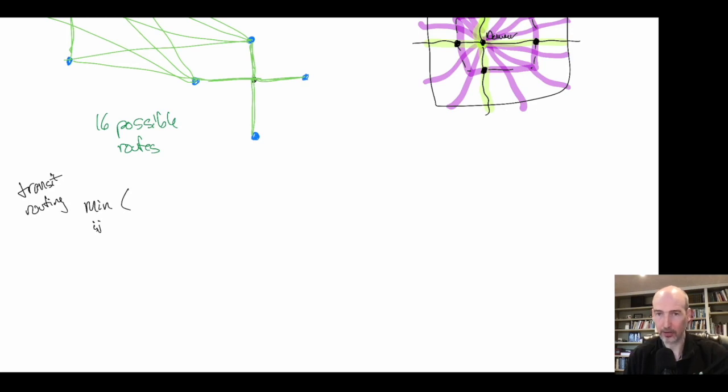So I and j are transit points, and I want the min of the distance from S to the ith transit point of S, plus the distance from the ith transit point of S to the jth transit point of T. So this is for thinking about some ST path.